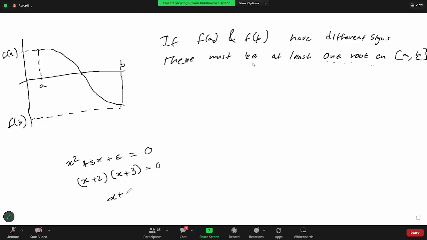Then you individually set these factors equal to 0. Then you find the values -2, then -3. Then you write the roots of this function: x equals -2, x equals -3. So you did that at your level, right?